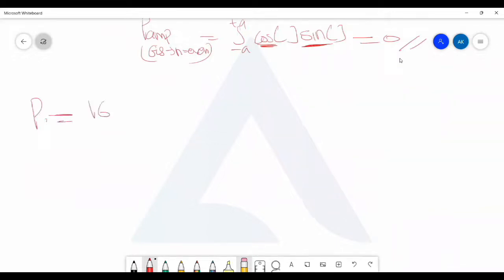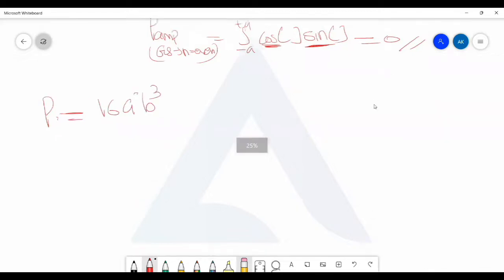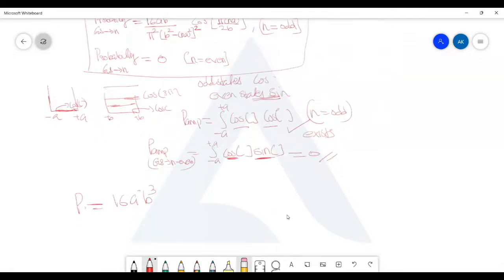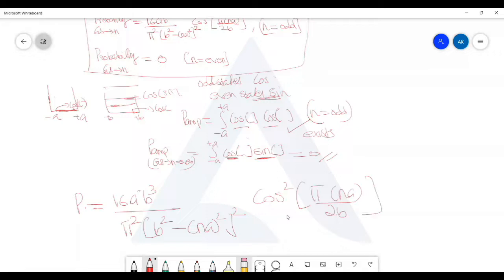Probability is equal to 16 a b cube divided by pi square into b square minus n a square, whole square, cos square pi n a by 2b.